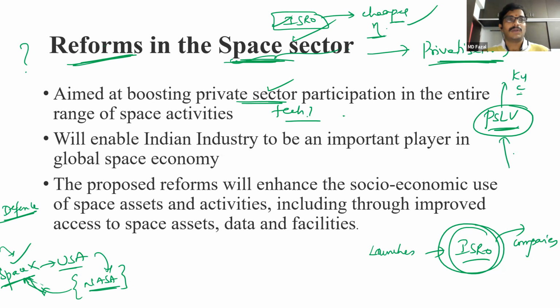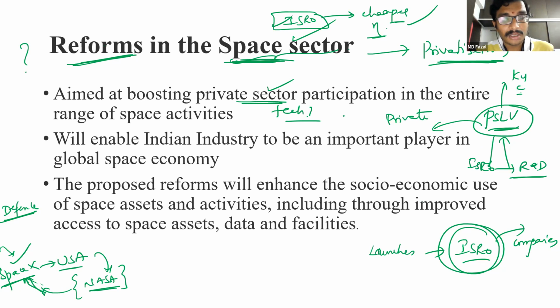Once the technology is there, you outsource it to private people, so that ISRO can focus only on research and development. That is the advantage. Competition will be higher in the market. They may be able to manufacture things at a much cheaper cost in the future. Who knows? These are the advantages if you enable privatization.